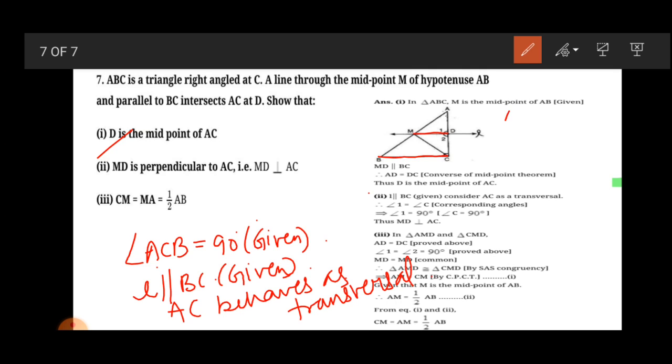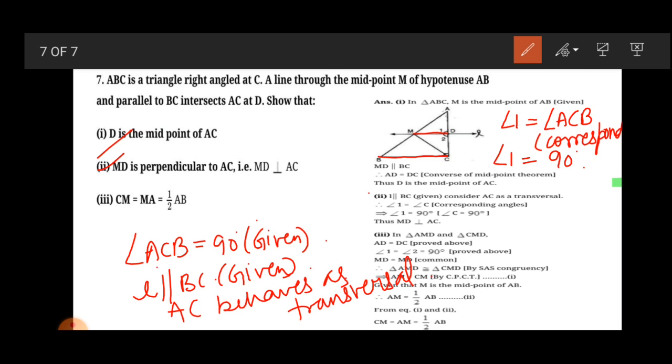So angle 1 is equal to angle ACB by corresponding angles. If two lines are parallel, then corresponding angles are equal. So angle 1 is equal to 90 degrees, as the value of angle ACB is 90 degrees. So MD is perpendicular to AC.